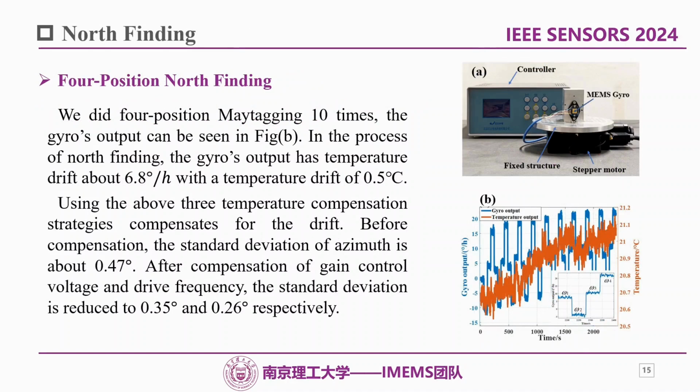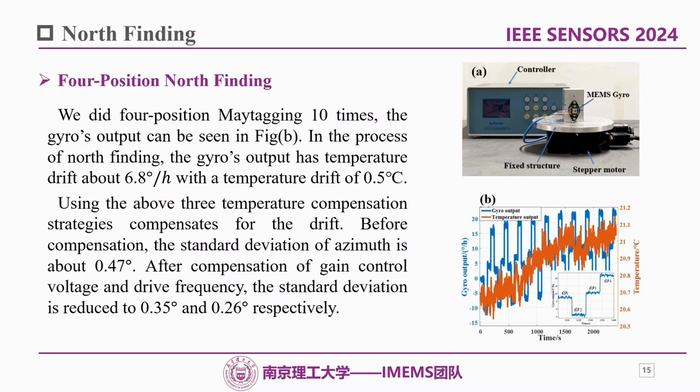We did full position tagging 10 times. The output can be seen in Figure B. In the process of north finding, the gyro's output has temperature drift. Then, using the above 3 temperature compensation strategies, we compensate for the drift.